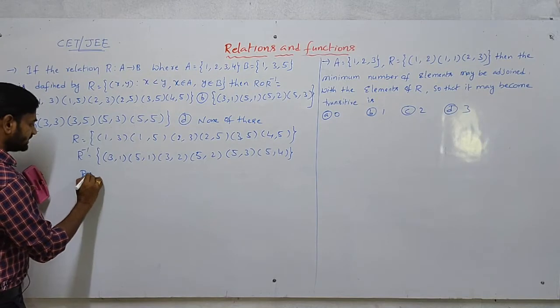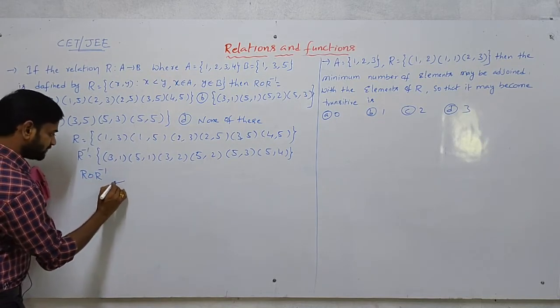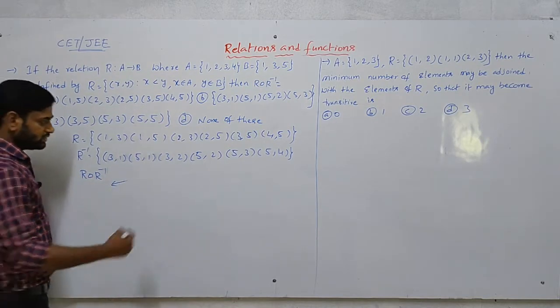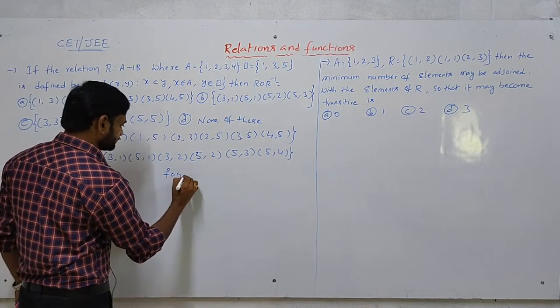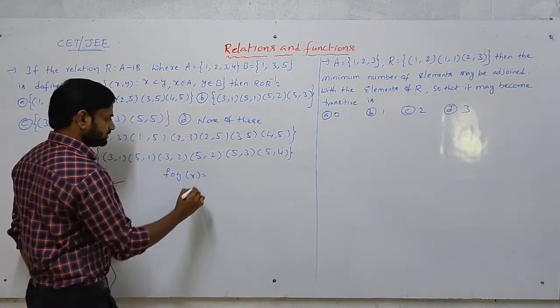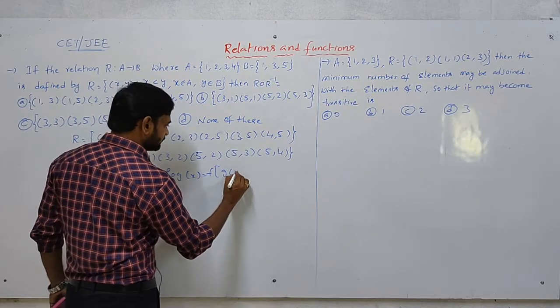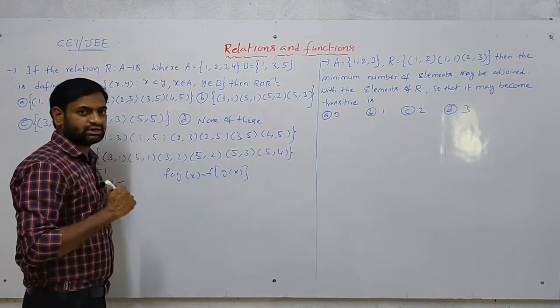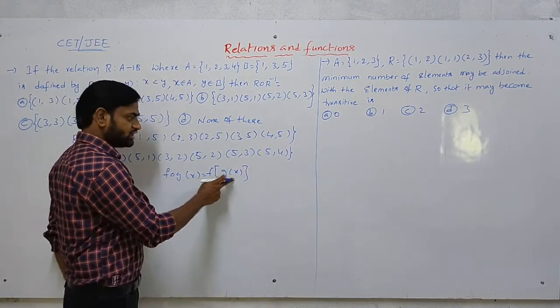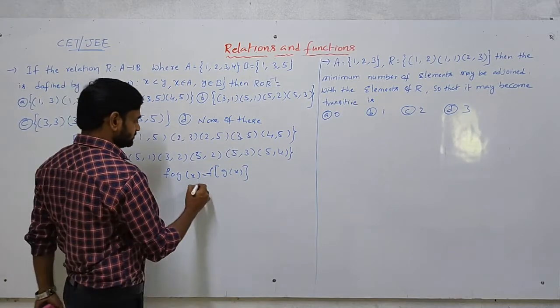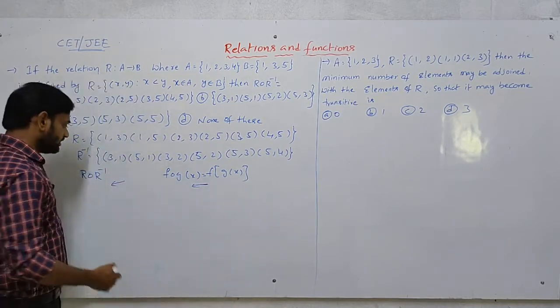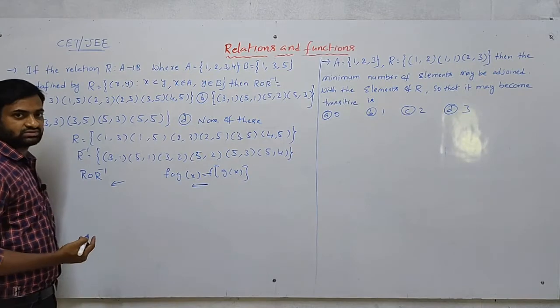Now, R circle R inverse means first we have to operate R inverse. In F circle G of X, it is F of G of X. So which one will you operate first? G of X you will operate first. In the same way, first we have to operate R inverse.